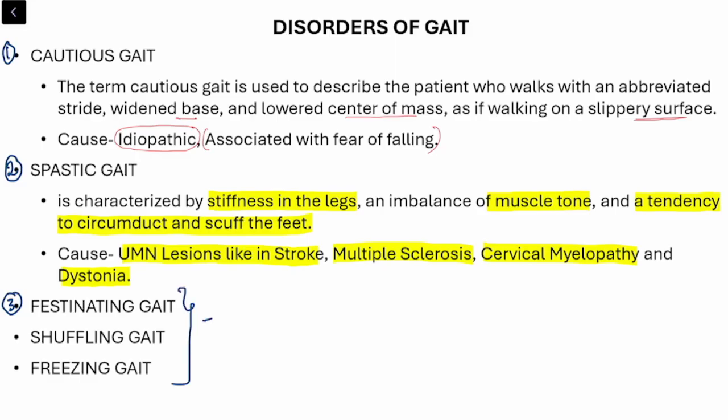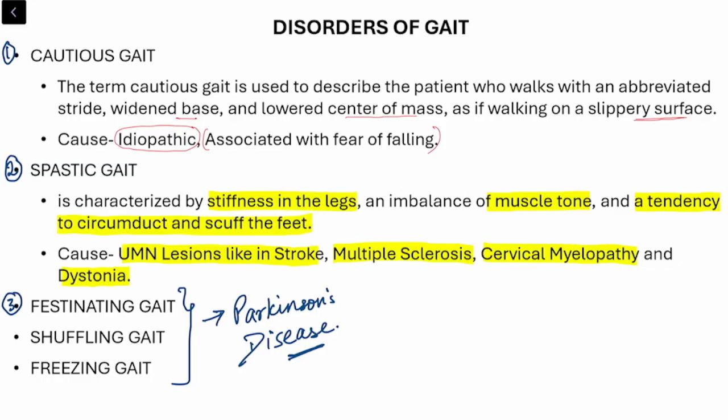This kind of gait is seen in Parkinson disease, right? There is difficulty in starting the movement. There is difficulty in turning around, right? There is difficulty in stopping, right?